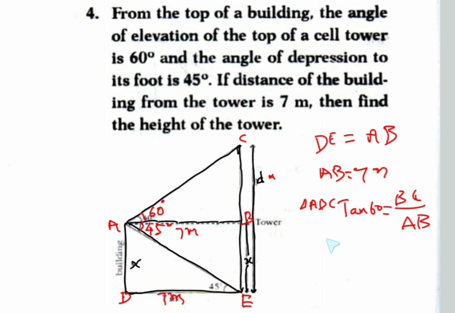Tan 60 is root 3, equal to BC, which is D minus X, by AB, which is 7 meters. So D minus X is equal to 7 root 3. This is equation number 1.